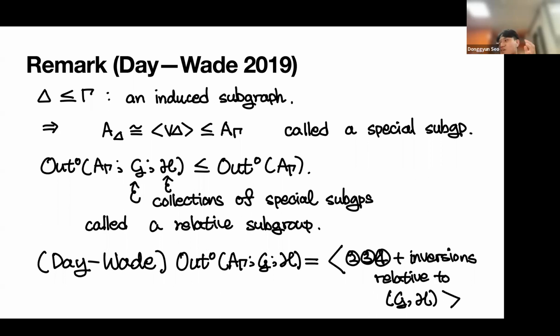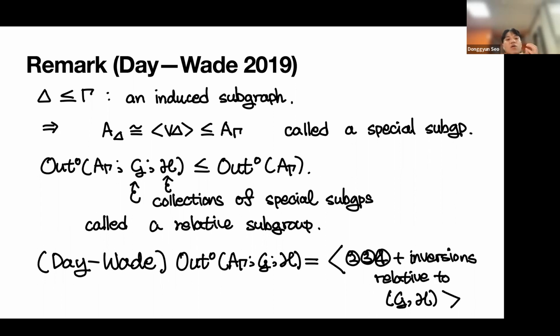So they showed that Out0 A gamma always has a finite index subgroup whose classifying space is finite dimensional. They also showed that every relative subgroup is generated by the second, fourth and third kinds of automorphisms plus the inversions, relative to the collection of special subgroups.